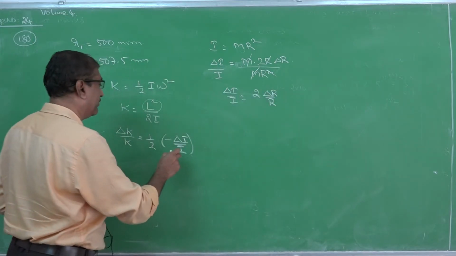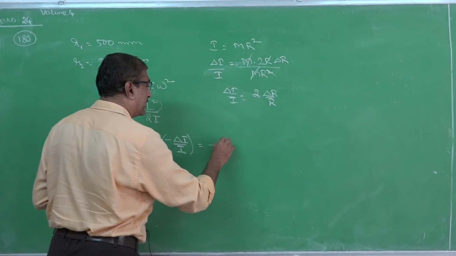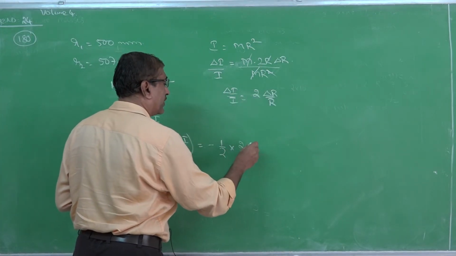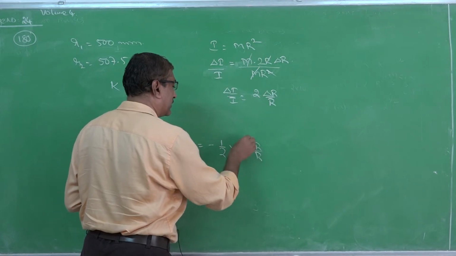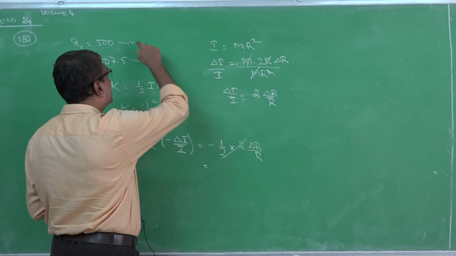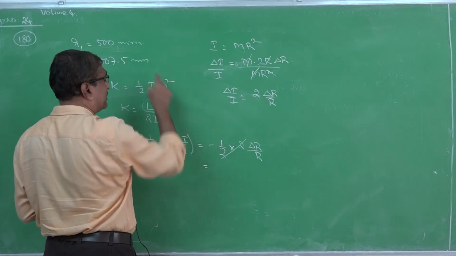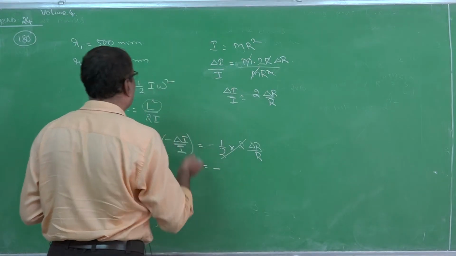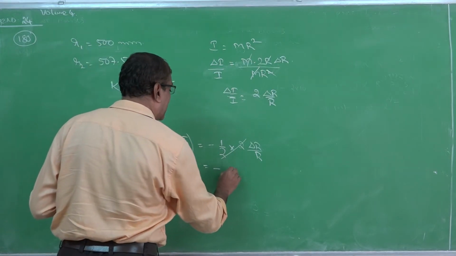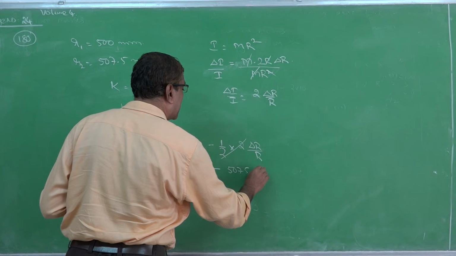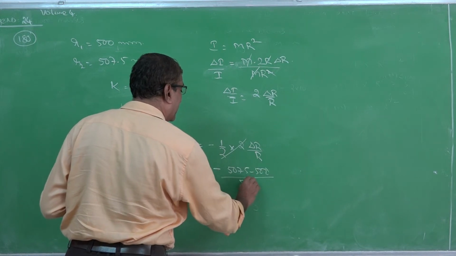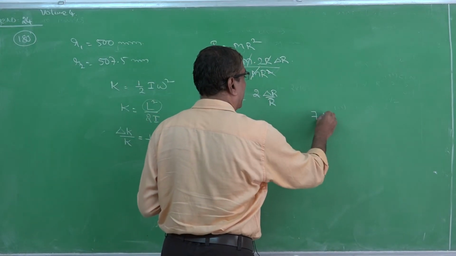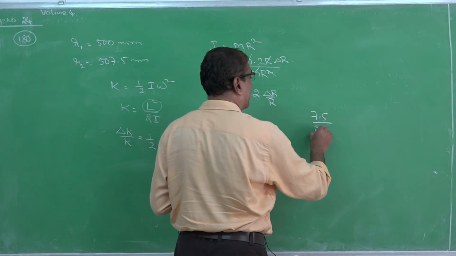Now substitute here: delta K by K equal to minus half into 2 delta r by r. Cancelling this, delta r means change in the radius to the initial radius r. So this equals minus (507.5 minus 500) divided by 500, that is 7.5 divided by 500.